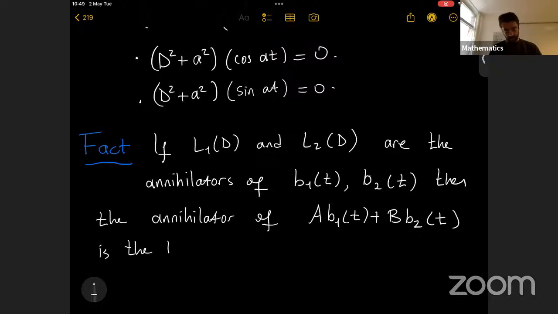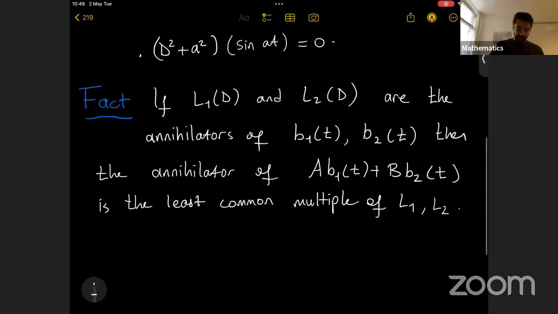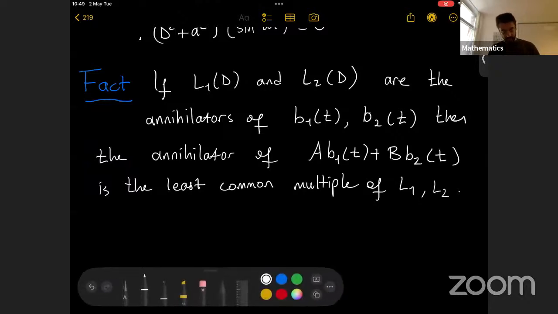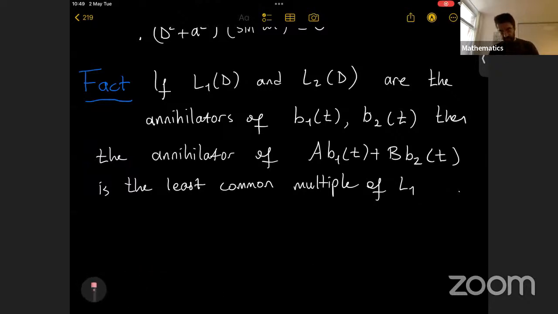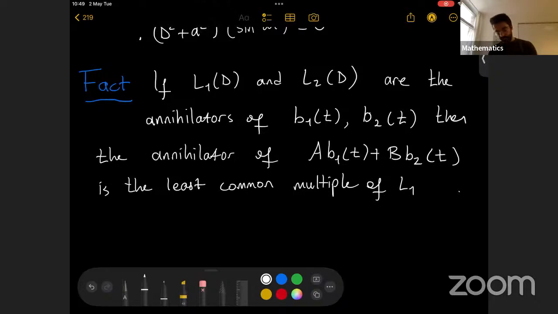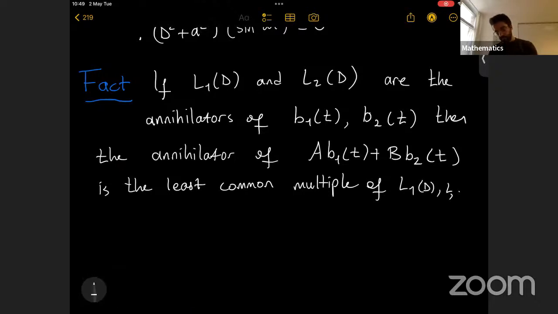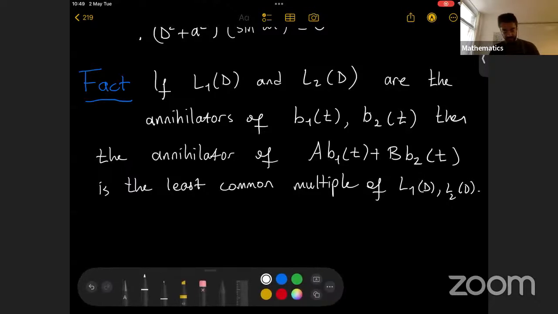The least common multiple of L1(D) and L2(D). Okay. Let me do an example and you'll understand this better.